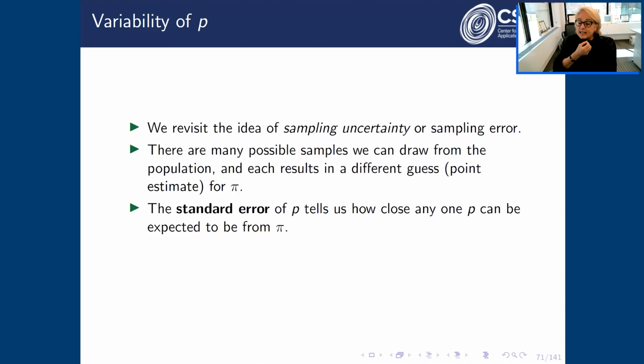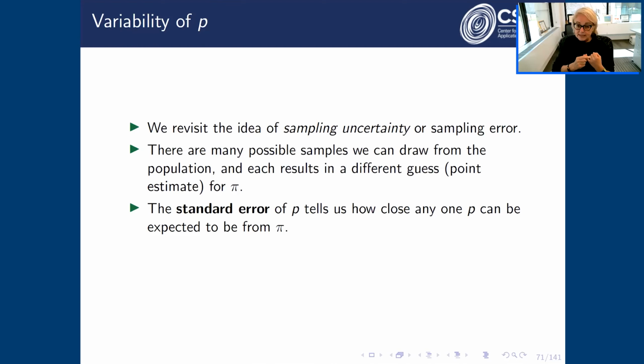So the standard error of p, in other words, the variability of these p's that arises in repeated sampling, this is what I need to compute to get an idea of how close any one p could be expected to be to the true pi. So remember two things, right?